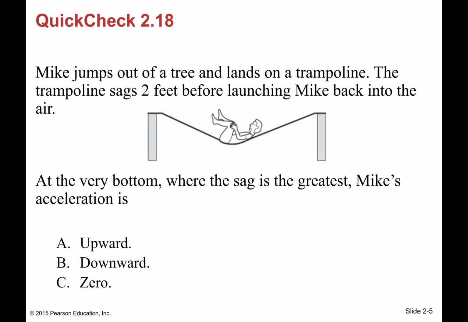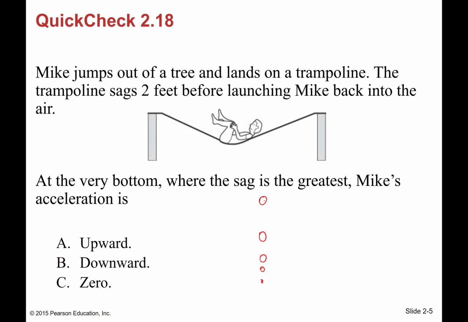Okay, if you thought about this, then at every point the trampoline is going to be pushing upward. So the acceleration at every point is going to be upward because, when he's coming down, let's draw a motion diagram. He's coming down until he stops, right?